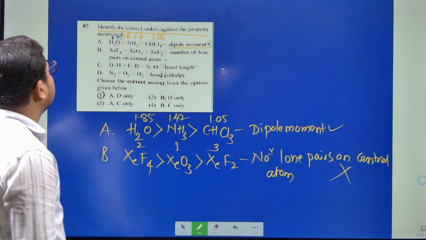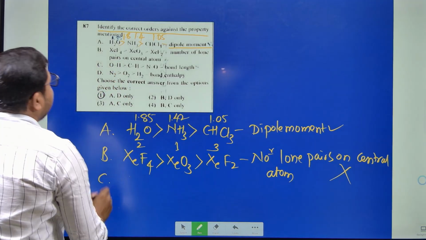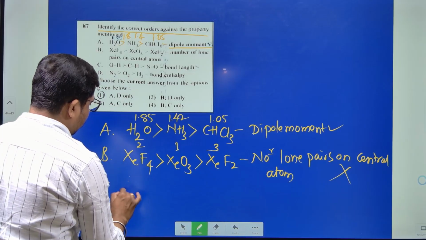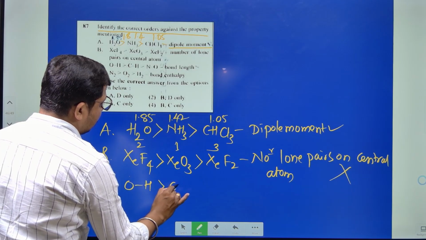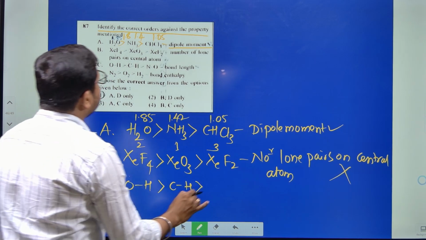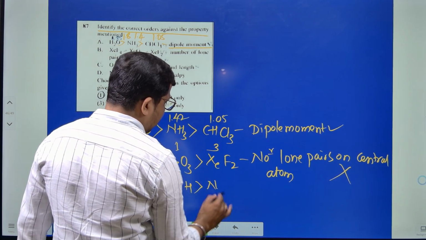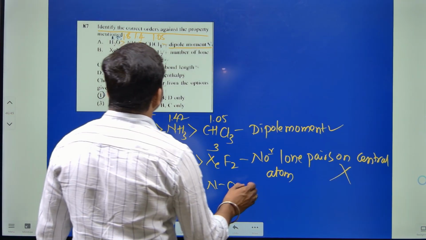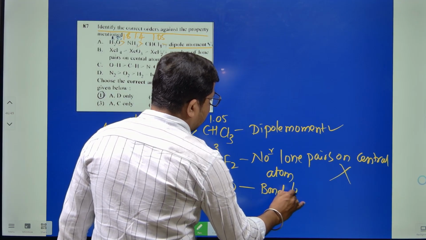And let's move to option C. Here OH greater than CH greater than NO. This is the order of bond length.